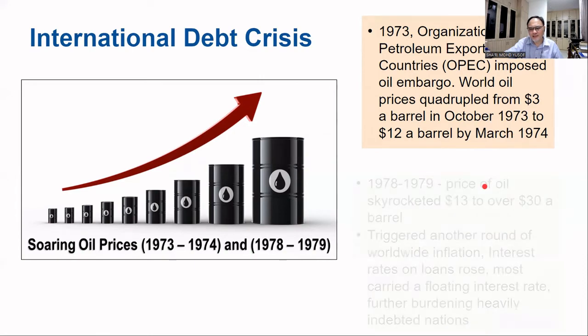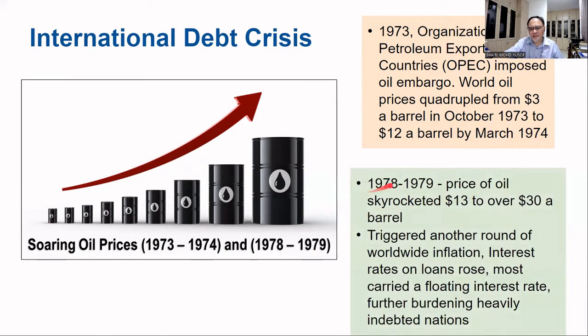The oil crisis. The same thing happened in 1979. Of course, oil exporting countries became richer than oil importing countries. So what do they do with their money? They probably give out loans and earn interest from that. Same thing happened.